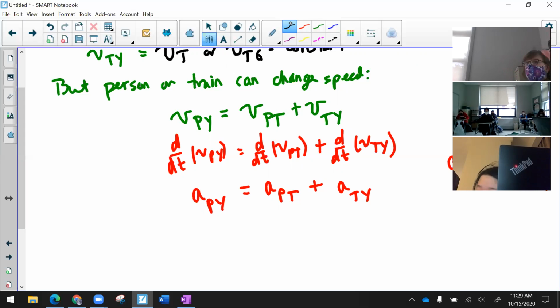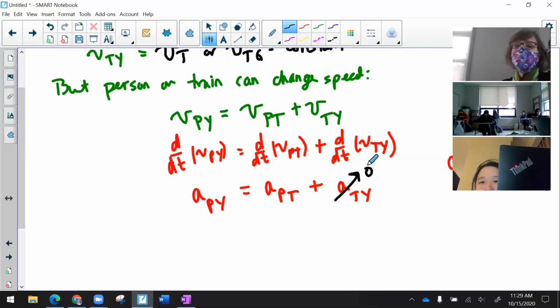We are nowhere near ready to do electrostatics or quantum mechanics. So this is equal to 0 because my condition is that I do not allow my reference frames to accelerate with respect to each other. They are at constant speeds.